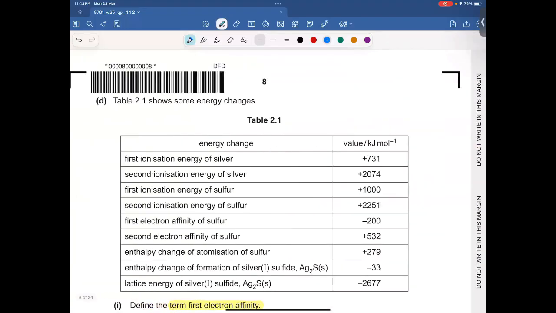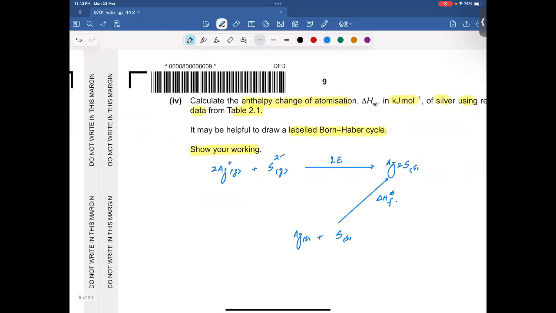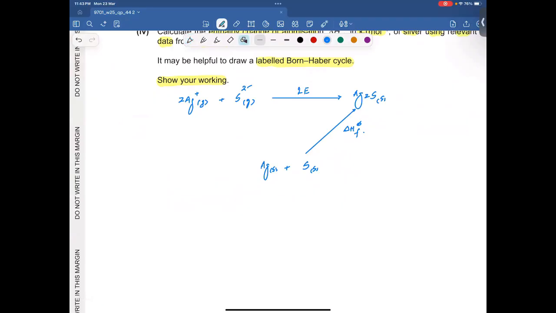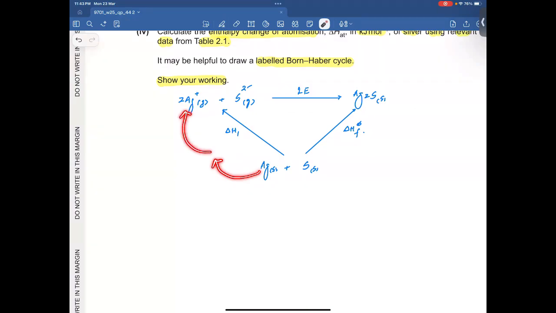Let me check the data. Okay. And this becomes delta H1, if you remember my lecture. This delta H1 involves the atomization of silver and the first ionization energy of silver because it has only plus one charge. So I'm not going to use second ionization energy.